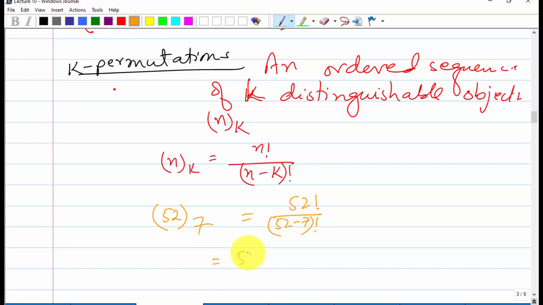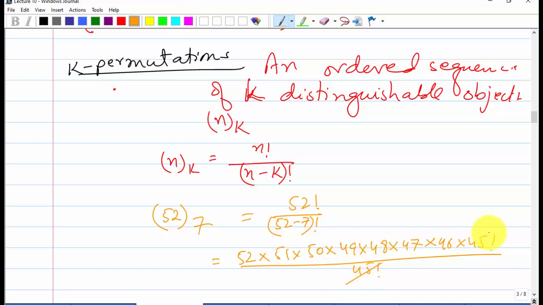That will be 52 into 51 into 50 into 49 into 48 into 47 into 46 into 45 factorial divided by 45 factorial. So we can see that this is the same number that we achieved earlier.